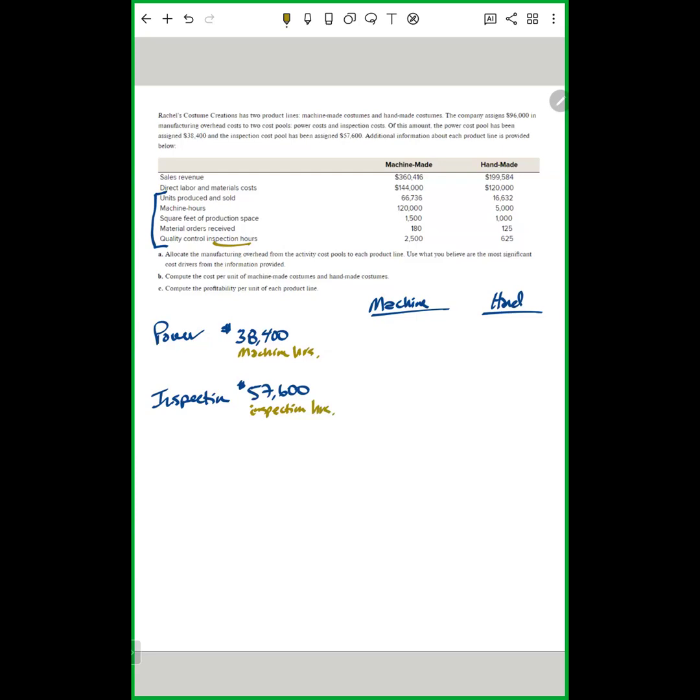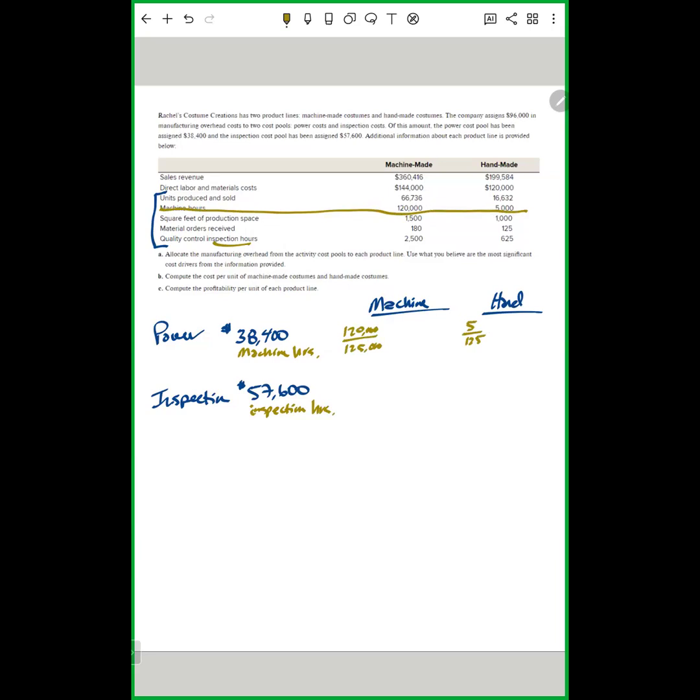All right. So for machine hours, the machine-made get 120 divided by 125. It's 120 out of a total of 125. And the handmade get 5 out of 125.